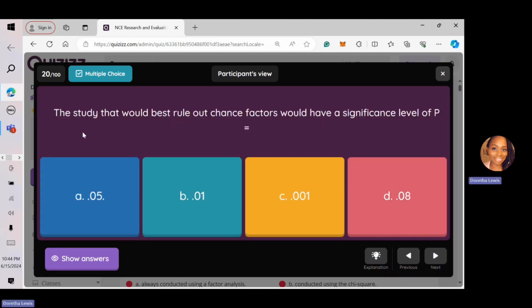The study that would best rule out chance factors would have a significance level, and I mean probability, right, of what? A, B, C, or D. So we're looking at rule out, right? No error, right?